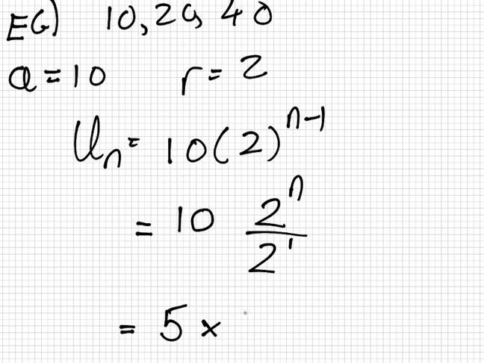So it's 5 times 2 to the n. That's the nth term. So we can check. If I put n equals 1, what do I have? 5 multiplied by 2, which is 10. If I put n is 2, what's 2 squared? 4 times 5. So you see I have 20. And if I put n is 3, I have 8 times 5, which is 40.